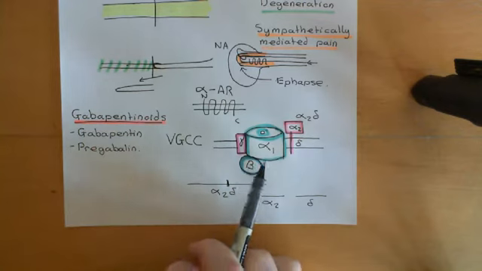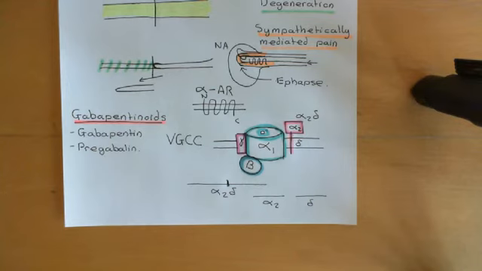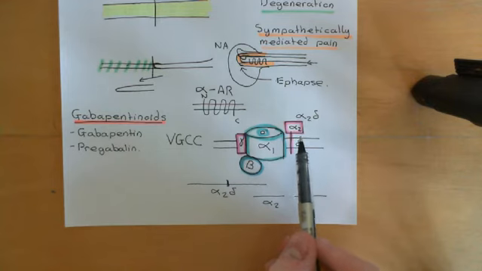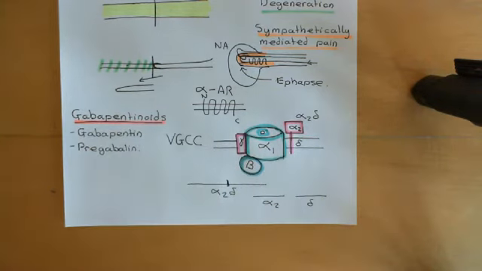The alpha-1 subunit on its own is a functional voltage-gated calcium channel, but the other subunits moderate its properties, and importantly, in the case of the alpha-2 delta subunit, they control where the alpha-1 subunit, or in fact where the entire voltage-gated calcium channel, is actually positioned in the cell membrane, and that's going to become incredibly important.